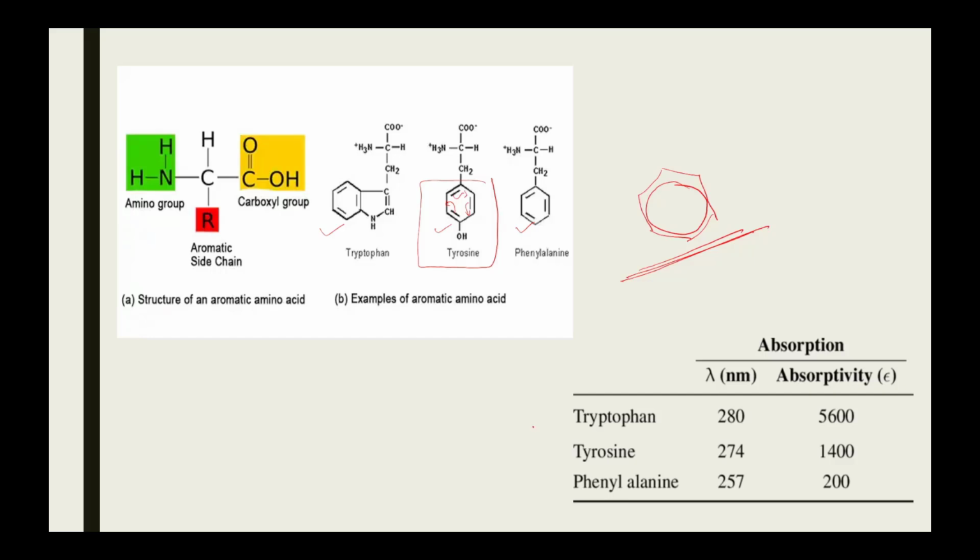These three amino acids which harbor the aromatic benzene ring can get excited in the range of 250 to 280 nanometer. This is the lambda maxima, or the maximum wavelength at which they get excited. Tryptophan gets excited at 280 nanometer, tyrosine at 274, phenylalanine at 257.